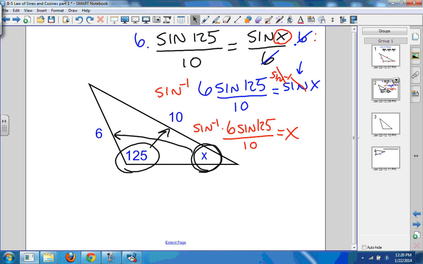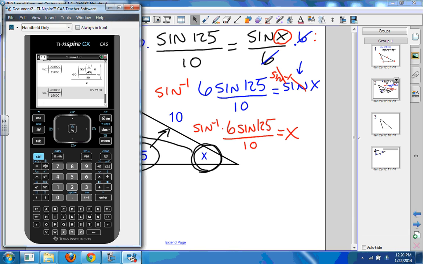So let's bring out the calculator. We're starting on the left side there, the arc sine. So we find it in our trig, arc sine of 6. I'm going to write this as a fraction. On this calculator, the fraction key is Control Divide. So if I hit Control Divide, I have a fraction. 6 times the sine of 125 on top.